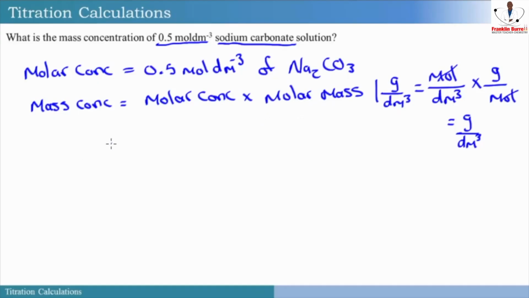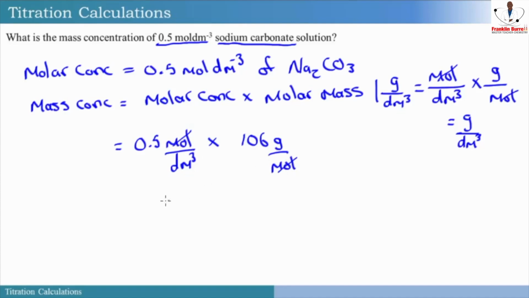Now we have our molar concentration of 0.5 moles per dm cube. And we'll multiply that by the molar mass of sodium carbonate solution. So the molar mass of sodium carbonate is 106 grams per mole. And so mole will cancel mole.